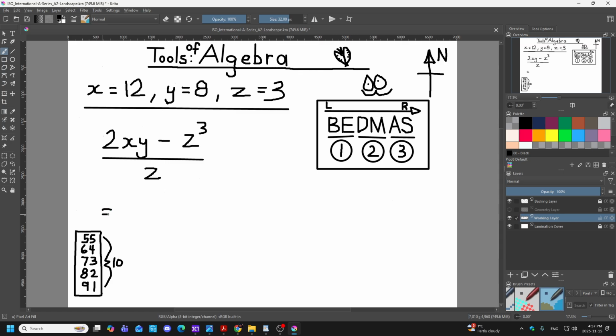I'm a little worried about room, but hopefully we're going to be okay. All right, 2. X is 12. Make sure you double check. Make sure you're substituting the correct values. Y is 8.